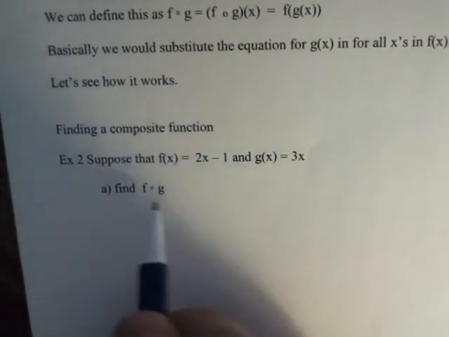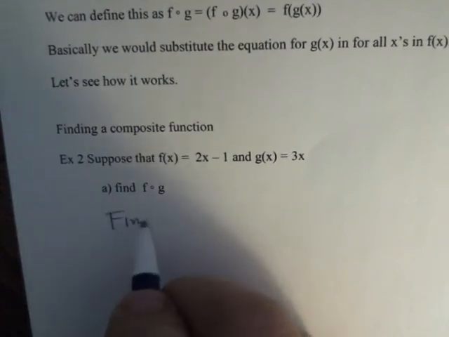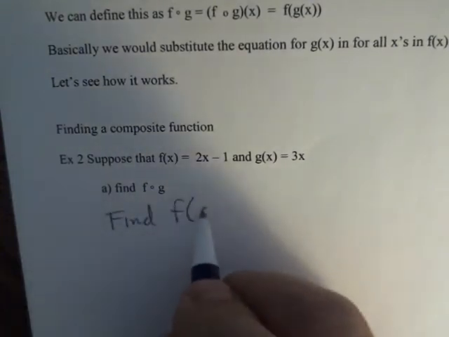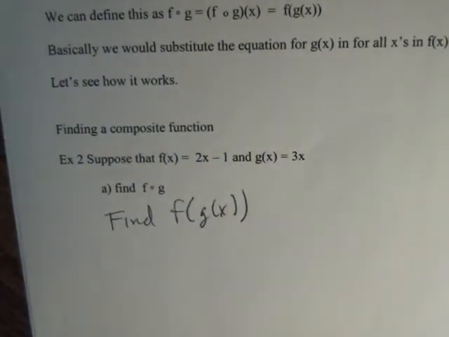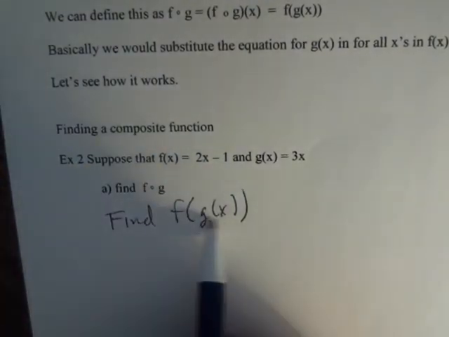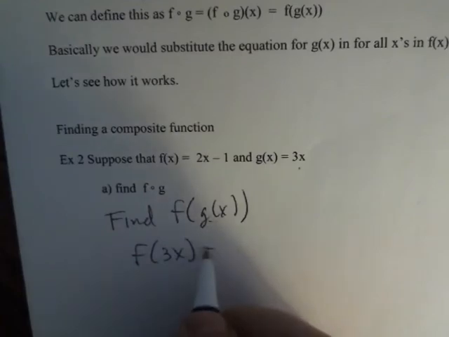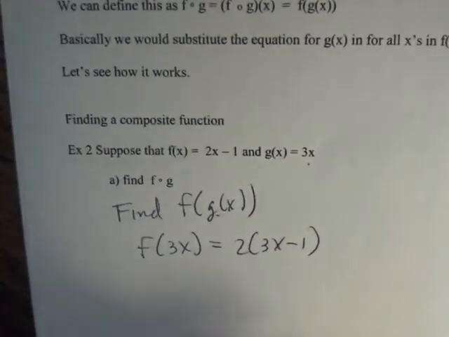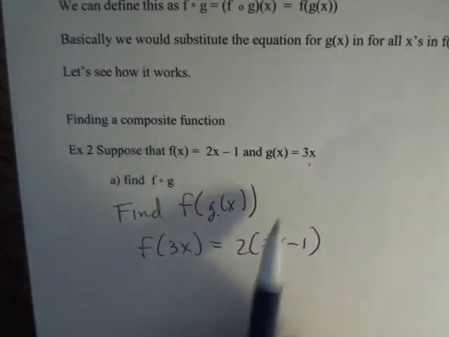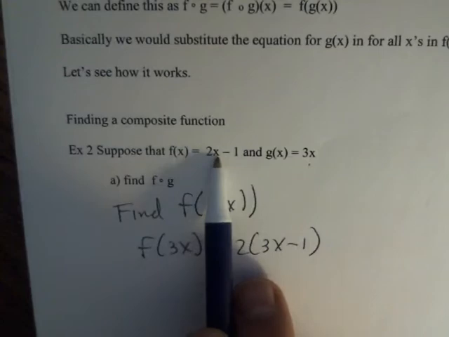So if I want to find f composed with g, really what I am finding is f composed with g of x. Well, g of x is 3x. So f of 3x equals 2 times 3x minus 1. Again, I am substituting 3x into that x right there.